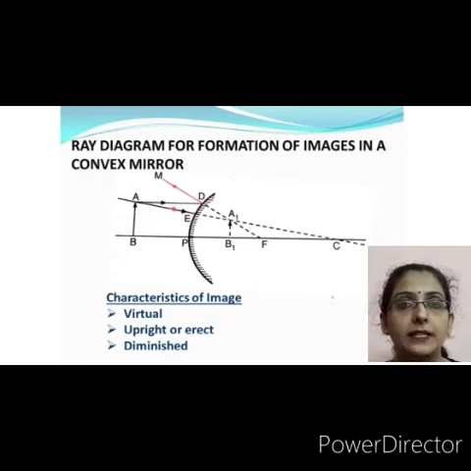Both rays intersect at A1. So we will get the image as A1B1. The characteristics of the image will be virtual. Why virtual? Because it is on the other side of the mirror. It will be erect and it will be diminished. The size of the image will be smaller.